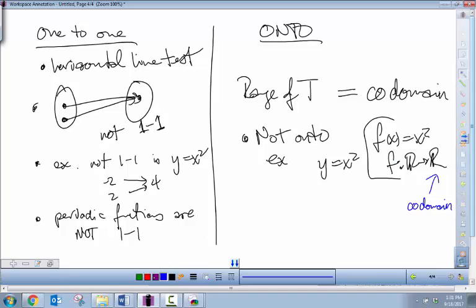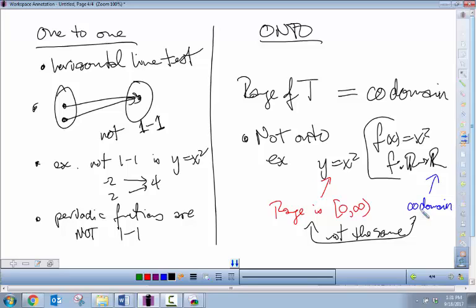But we know something special about this. So the range is just the positive numbers, including 0. It can't be negative, right? And so the range is not the same as the codomain. So this is not onto. So whenever there's something missing that you're not hitting with your function in your range, then it's not onto.